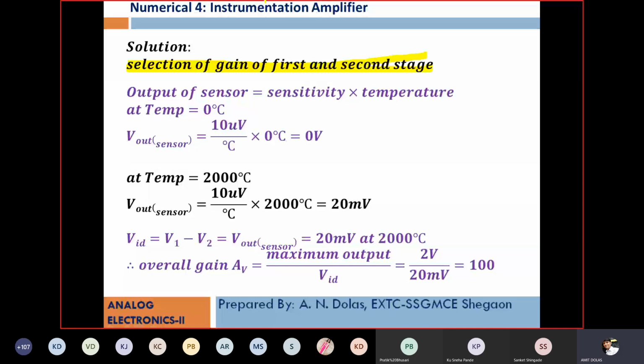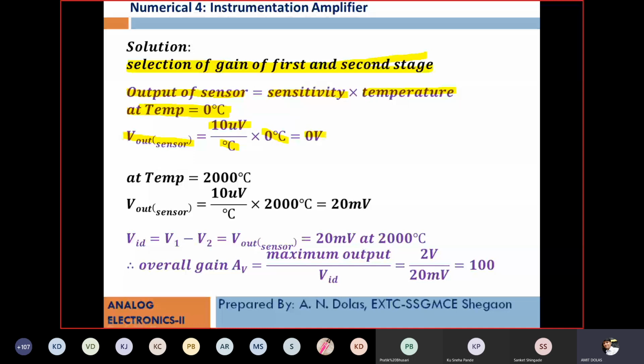Here the output of the sensor is nothing but sensitivity into temperature. The maximum range is 2000, and it is assumed that the minimum is 0. So at temperature 0 degree centigrade, the output of the sensor, the thermocouple here, will be sensitivity, 10 microvolt per degree centigrade, into 0 degree centigrade, which is equal to 0.